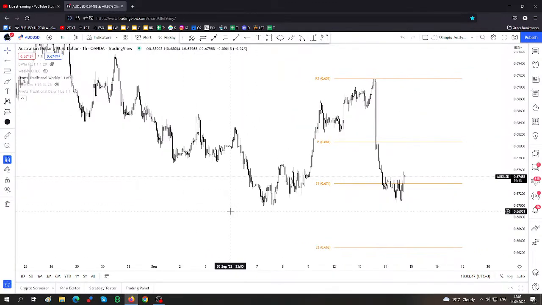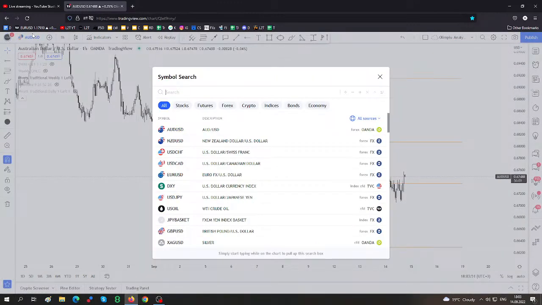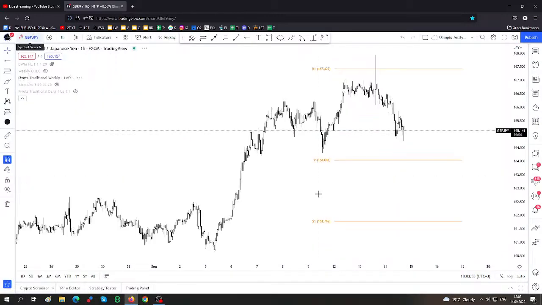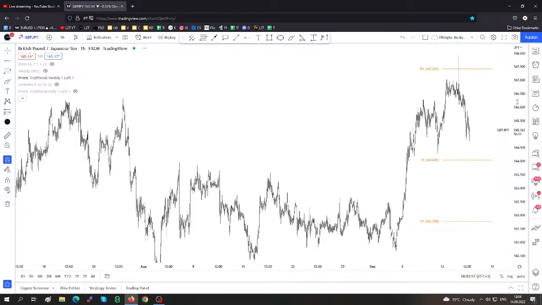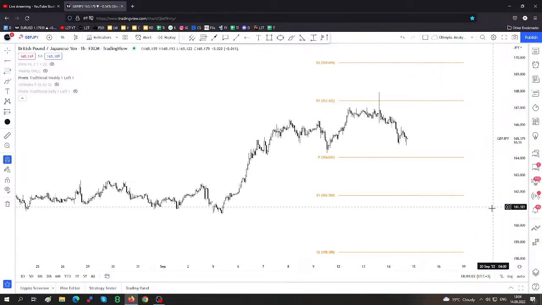But no, right now I don't want to sell the US dollar. Okay, so yeah, British pound versus the Japanese yen. Okay, so I've told you that maybe the yen basket could resume its growth in the short term.